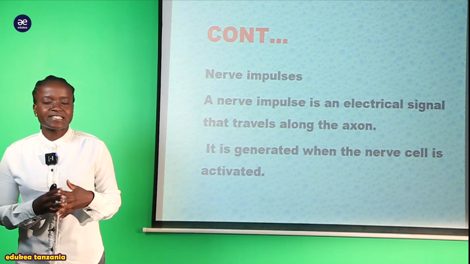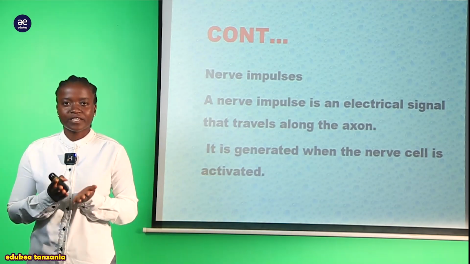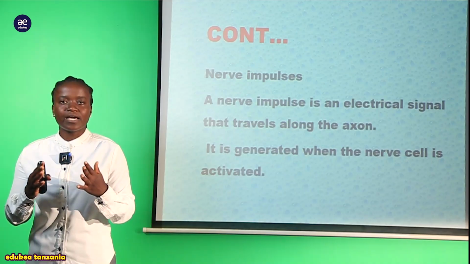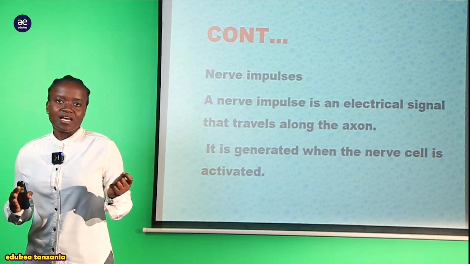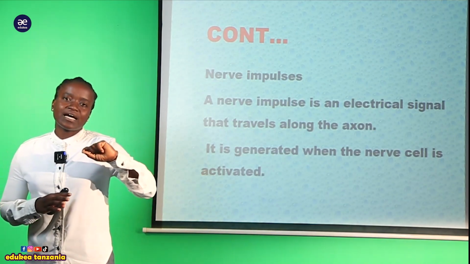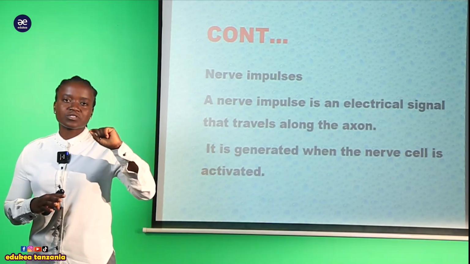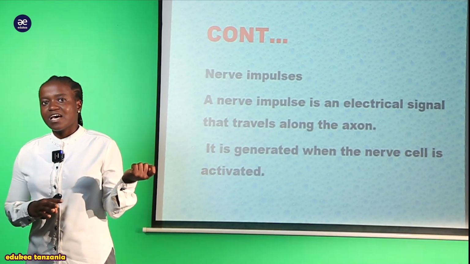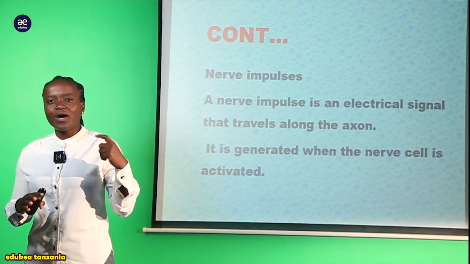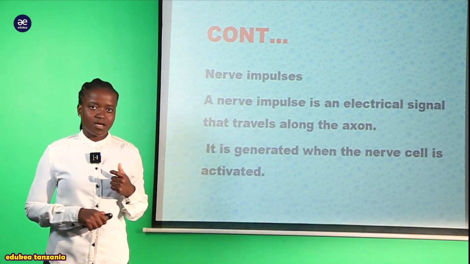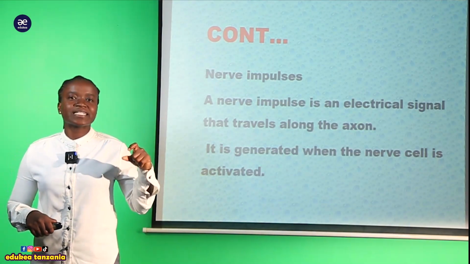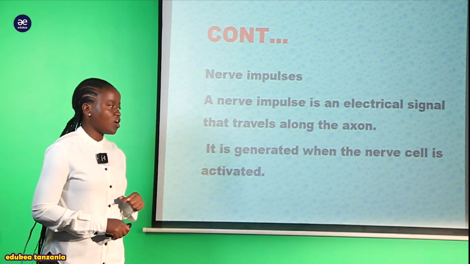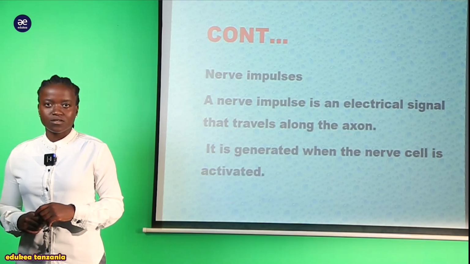My student, let's take a good example that we are familiar with. For example, we have a wire. You know that we have electricity. The electricity is passed through a wire. The wires are responsible for conducting the electricity. Now in biology, that wire is what we call the axon, and the electricity passing through the wire is what we call electrical signals.